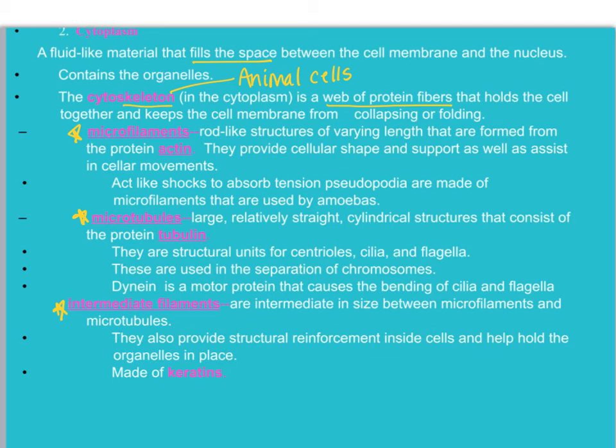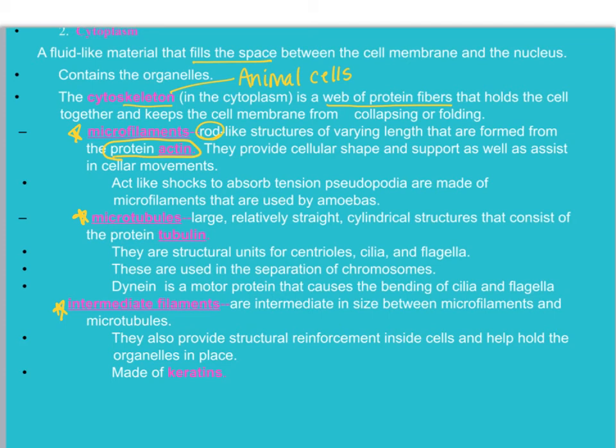So microfilaments are rod-like structures, and I'm going to show you a picture in just a second. They have different lengths, and they're made up of the protein actin, and they give the cell shape and support, and sometimes they even help the cell move. They also are shock absorbers for certain things, like pseudopods and amoebas.